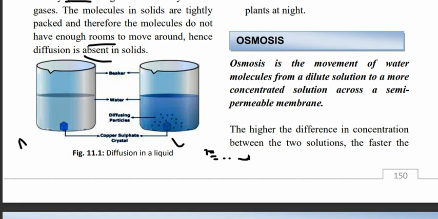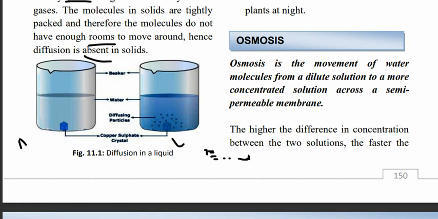We can also demonstrate diffusion in gases. You can stay at one end of a corner in a room, and then you have your spray. You spray it to the corner, or have your friend spray it, either way. Now let's say you are the one doing the spraying. Let your friend stand at the other end of the corner, and then over a period of time, your friend will start to smell the perfume or the spray which you sprayed at your end of the corner.